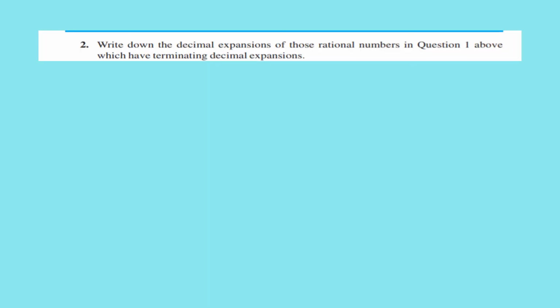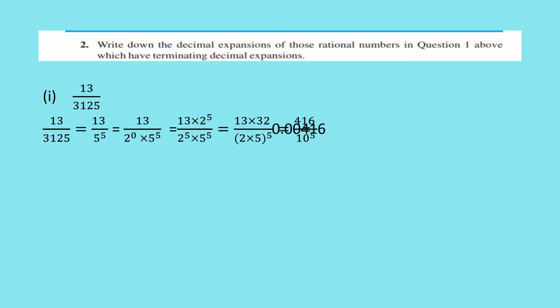Moving to question number 2, write down the decimal expansion of those rational numbers in question number 1 above which have terminating decimal expansion. Question number 1, 13 upon 3125. You have already found the prime factorization of 3125, that is 5 raised to 5, and you have written it in the form 2 raised to n, 5 raised to m.